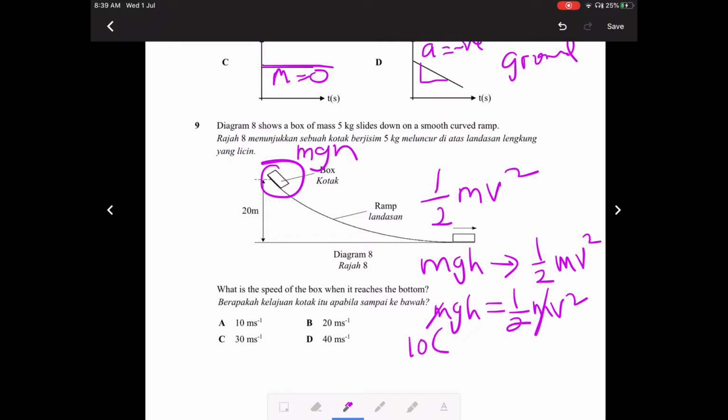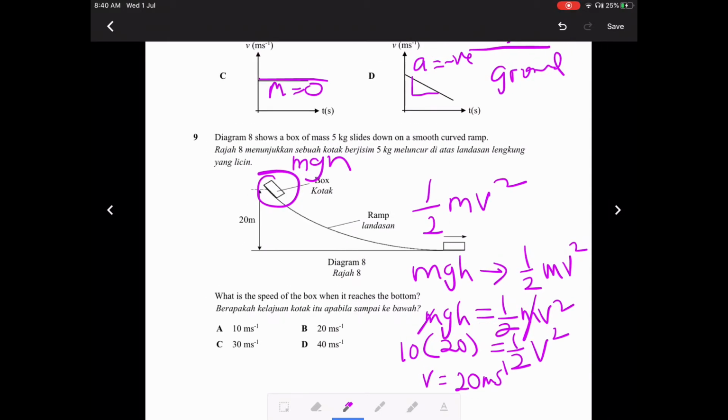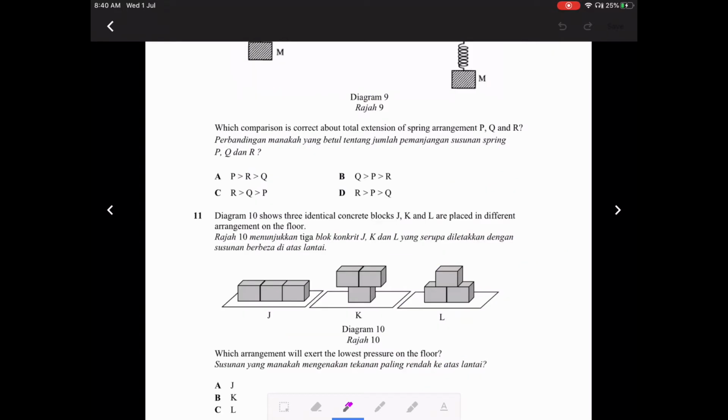So g 10, h nya ialah 20 meter. Alright, setengah v squared. So, you boleh kirakan nilai v squared-nya adalah 10 times 20 times 2 and square root, so that you dapat 20 meter per second. The answer is B. Okay? Right, next number 10.